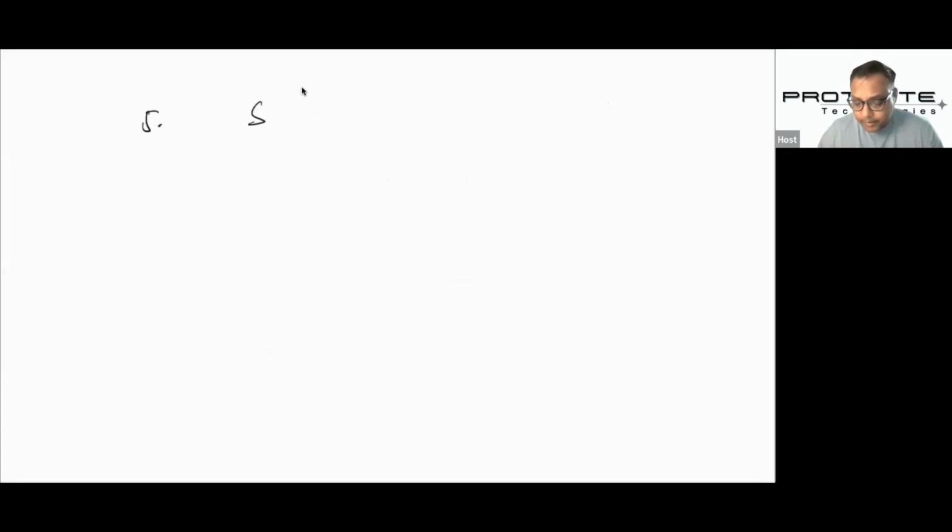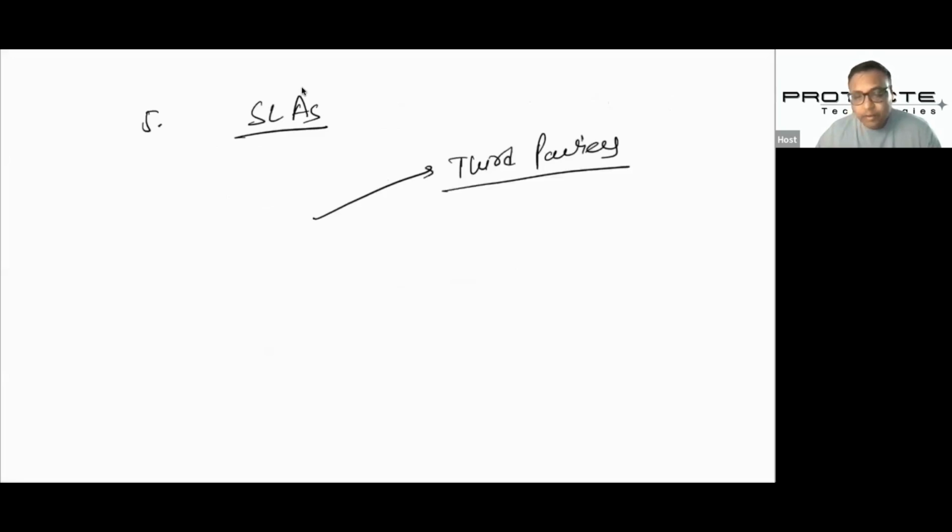Then next is service level agreements. Most organizations have a lot of dependencies on third parties. In today's world, you cannot survive without outsourcing work to third parties. You cannot execute everything yourself. So you are dependent, and the only way you can manage the security implications from third parties is by having very strong service level agreements.